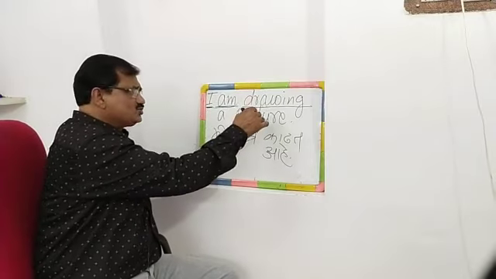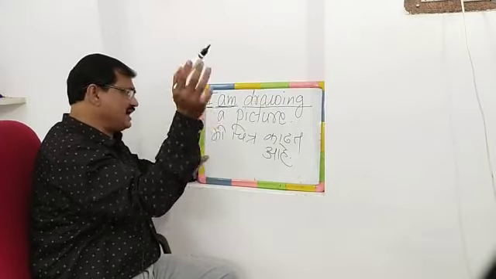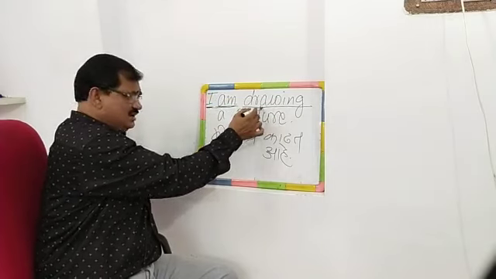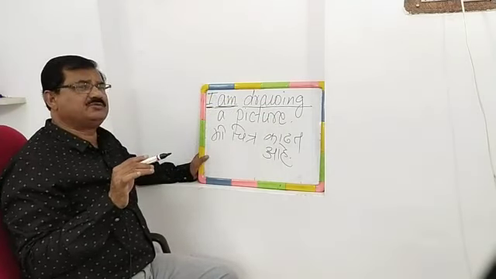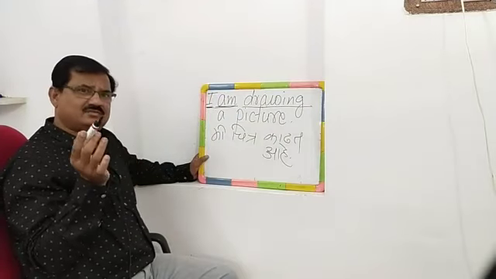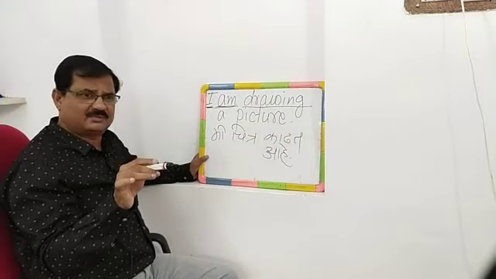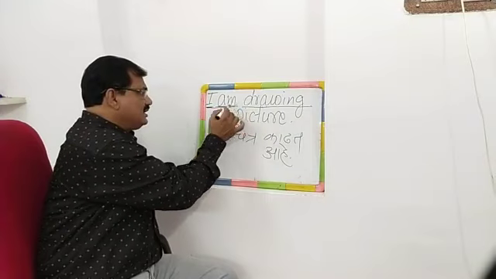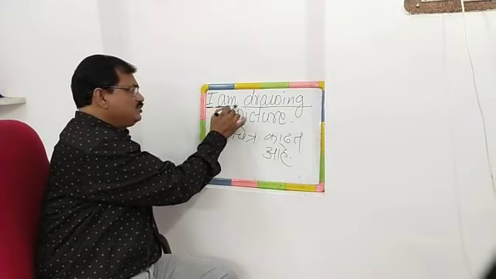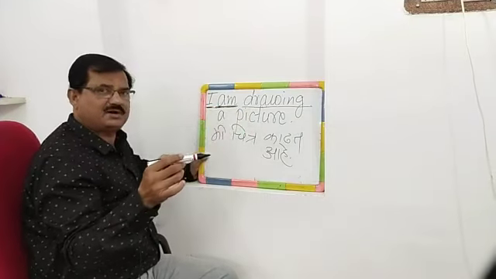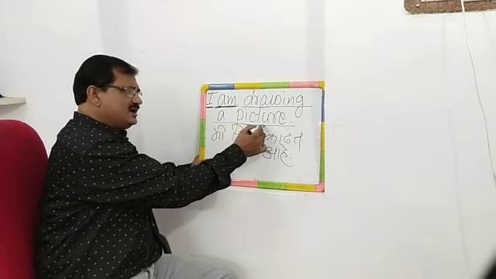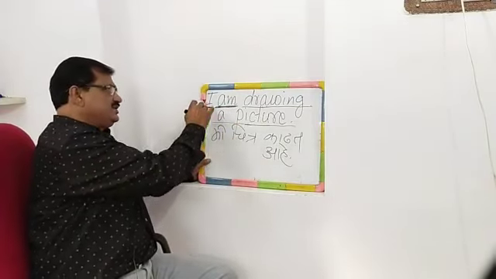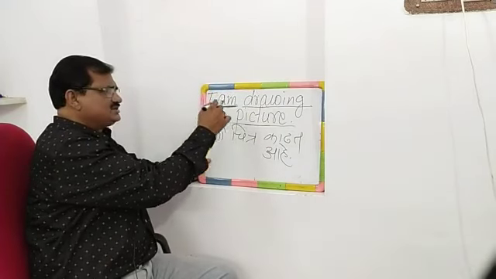Means draw has to be created in a new form by adding ing to the main verb. The form of verb which is created by adding ing to the main verb has to be used here after the present tense form of to be. And then finally we have to use object. So in this way we have constructed a sentence.